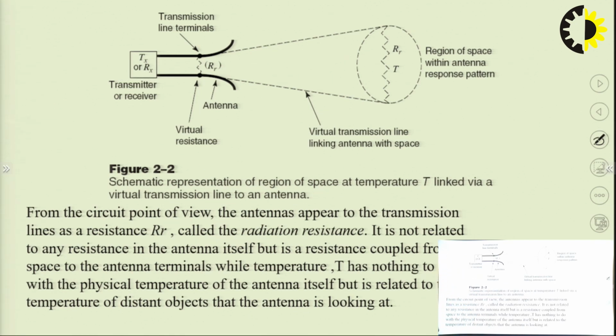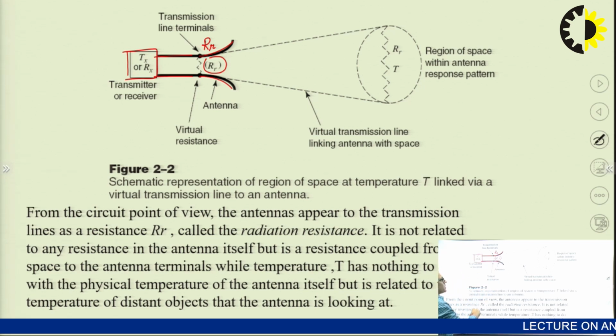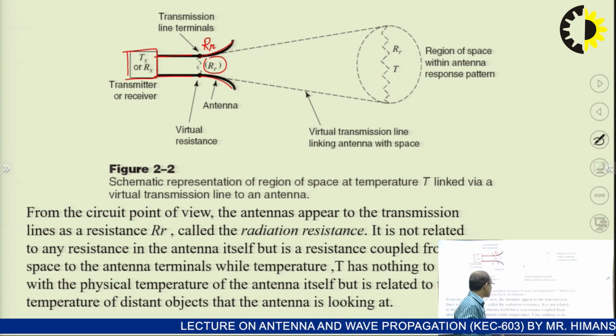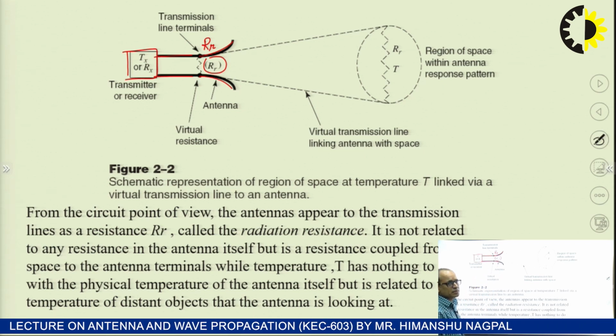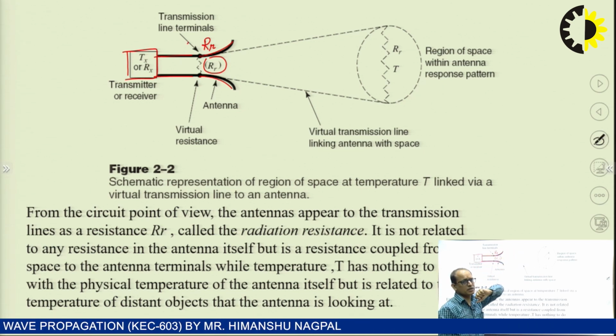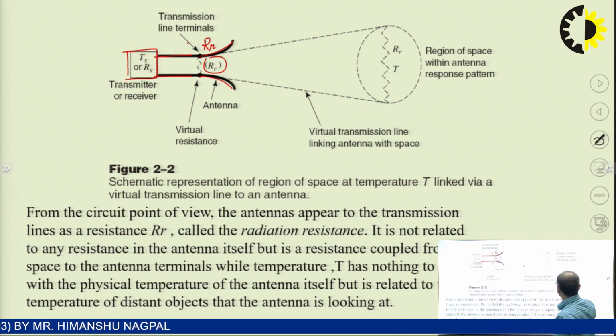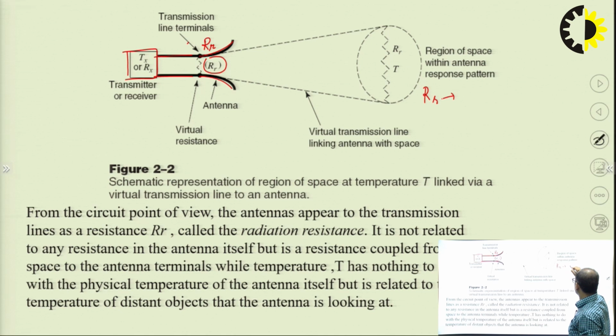So if I say this is the transmitter or the receiver, this is a transmission line, and this one is the antenna, then there will be some resistance, that is known as the radiation resistance. This radiation resistance mainly helps in the impedance matching between the antenna terminals and the free space impedance.